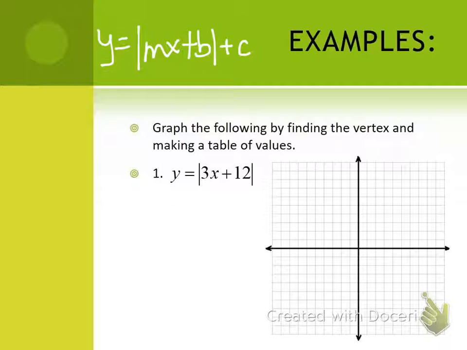So we are going to be referring back to that. So to start this off, I want us to identify our m, our b, and our c from this problem.